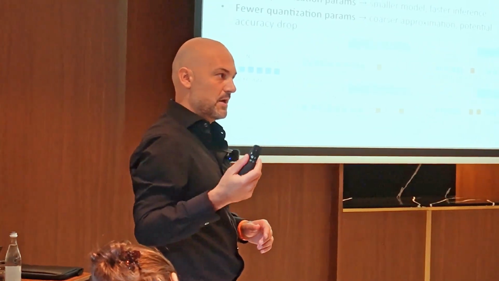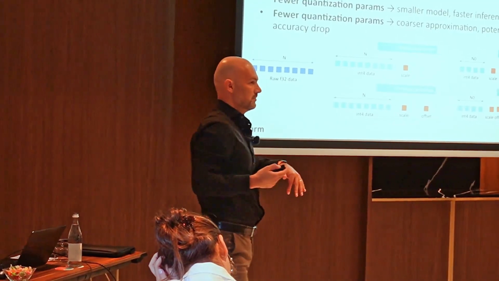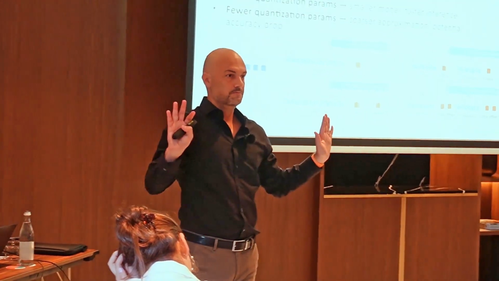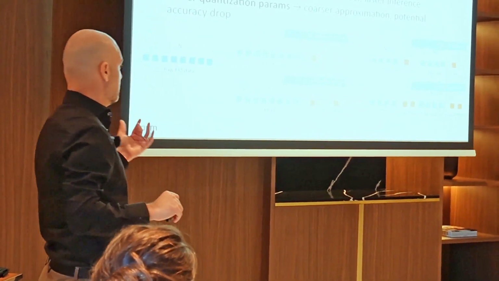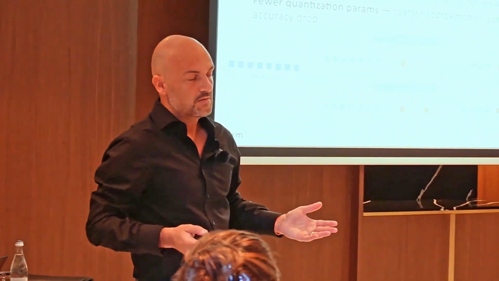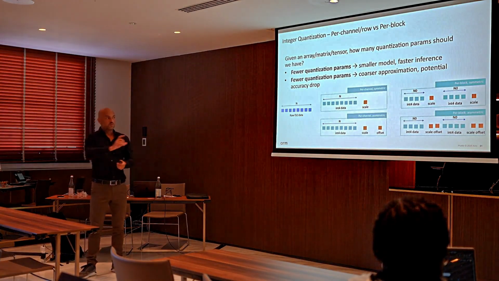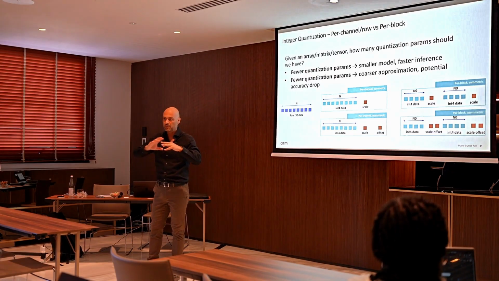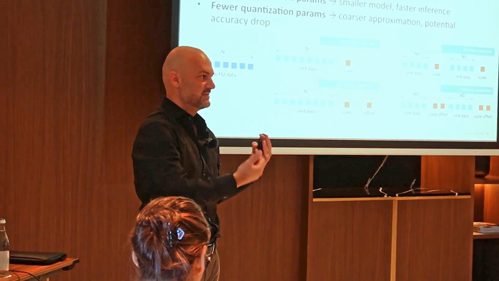Another concept you're going to hear very, very often is symmetric and asymmetric. Symmetric means that the offset is considered 0, so you can just use the scale. Asymmetric means that the offset you're considering can be non-zero, so you need to also provide it. With asymmetric, usually you can also have very good accuracy, but you can probably understand what you're going to pay.